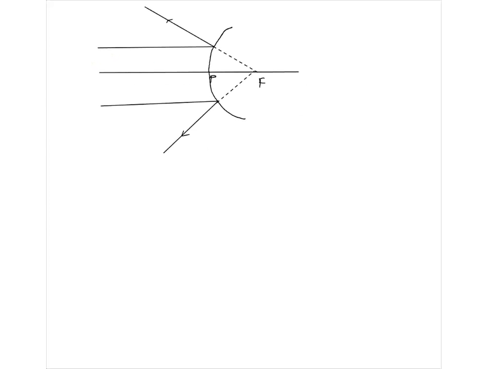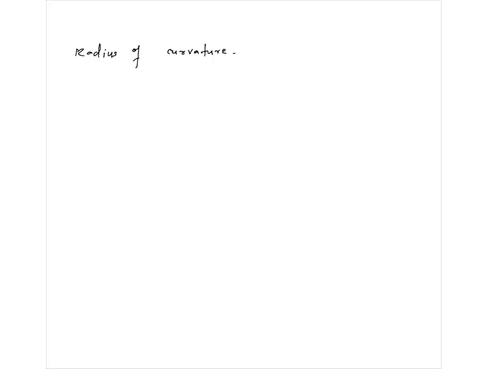So from P to C it is the radius of curvature. My question is, for a plane mirror, what can be taken as the radius of curvature? We stop at this point.